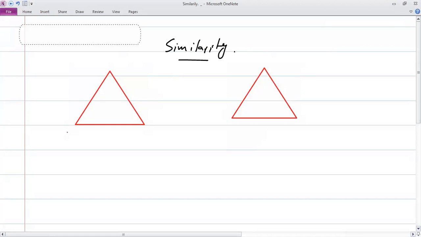Suppose I'm saying this is A, B, C, and this is P, Q, and R. Now we have two triangles, ABC and PQR. If you look at them, their shapes look the same, but they are different in size. This one is a bigger triangle, this one is a smaller triangle.